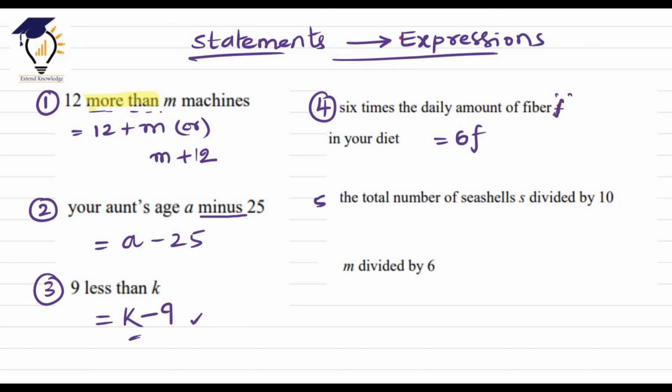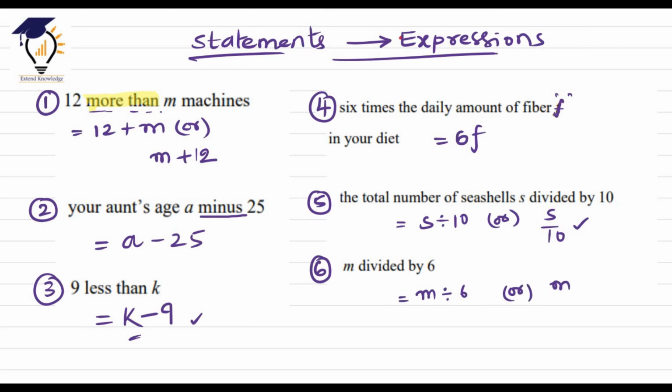Number 5: the total number of seashells S divided by 10. We can simply write S divided by 10, or S over 10. And the next one, M divided by 6, the same thing: M divided by 6, or M over 6.